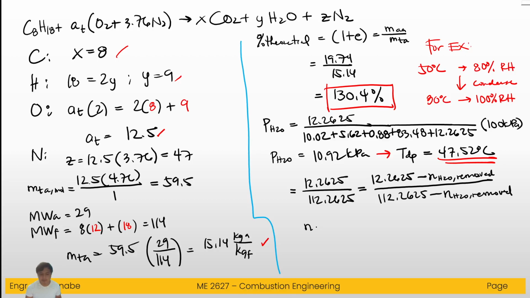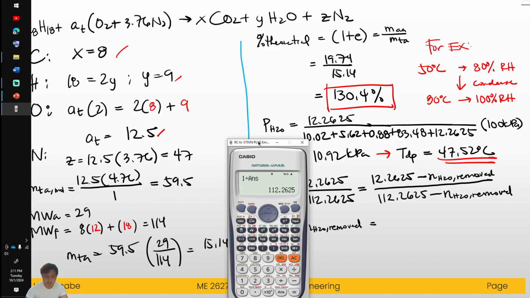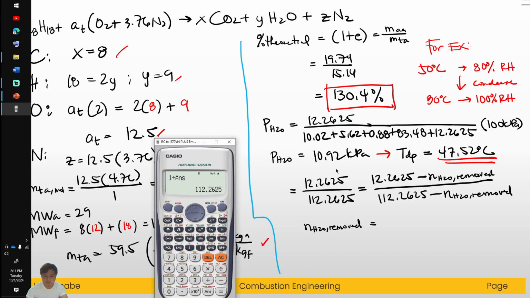So this will be NH2O. You can use your numerical methods, or in other words, the calculator, to solve for the number of H2O removed. So this is in kilomoles of water. Okay, so basically this is just an interpolation, no?